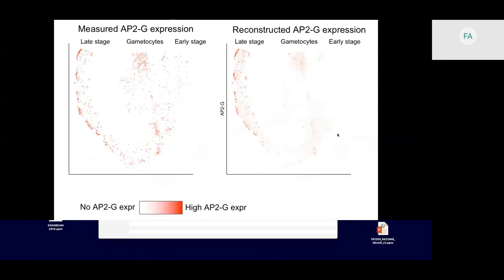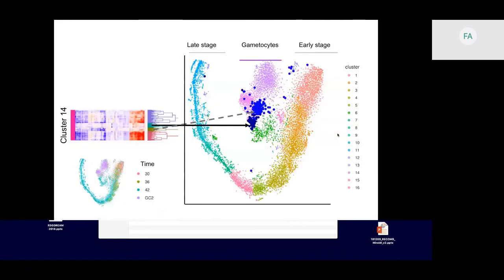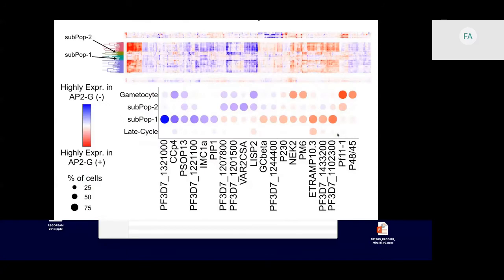And what we found is that when you do this paired differential expression across these two conditions, we are able to find a rare cell population that is expressing many genes very differently in the off versus on condition. And we did some further validation follow-up to make sure that those genes are actually involved in sexual commitment.